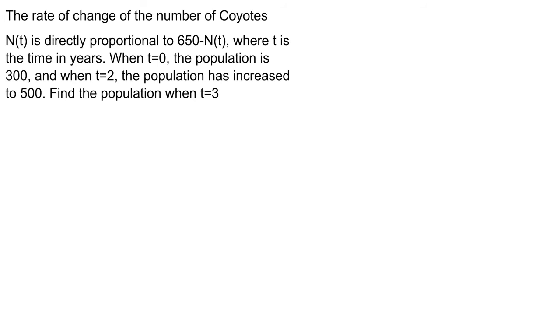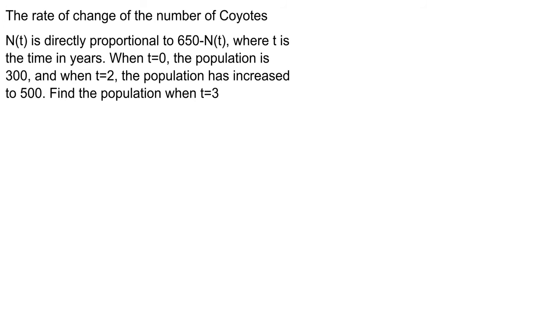Here we have the rate of change of the number of coyotes, n, is directly proportional to 650 minus n. You might remember when we talked about exponential growth and decay, that when the rate of change is directly proportional to a function, we're talking about exponential growth and decay, but we never really talked about why. So I want to show you how to get from the answer to this question using separation of variables.